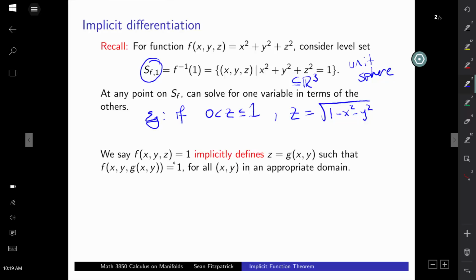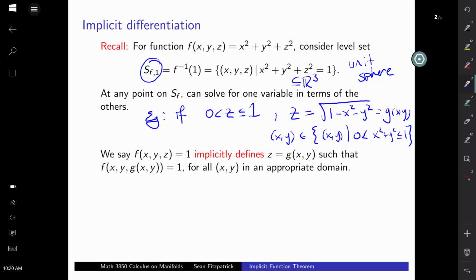In this case this would be some g of x, y, and that's going to work as long as (x, y) belongs to the set of points where 0 is strictly less than x squared plus y squared, which is less than or equal to 1.